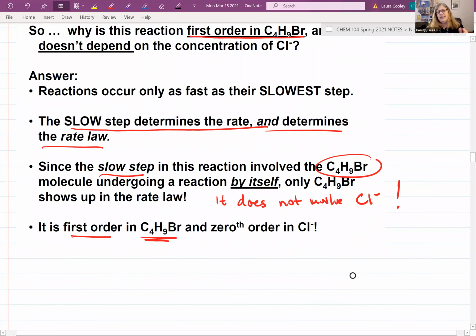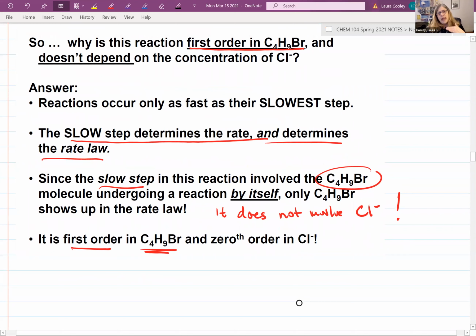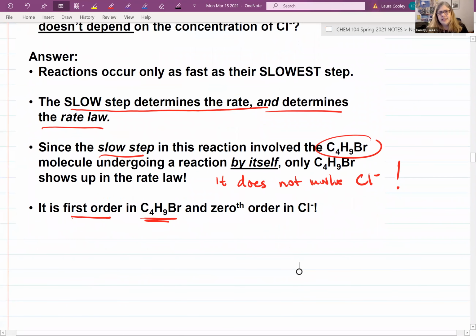So this idea of having a many-step process where the slowest of those steps determines how fast the whole thing happens, we see this all the time in real life, and we have a word for it. Have you ever heard of the word bottleneck? Suppose you have a big pipe, but it's got some buildup on the inside.